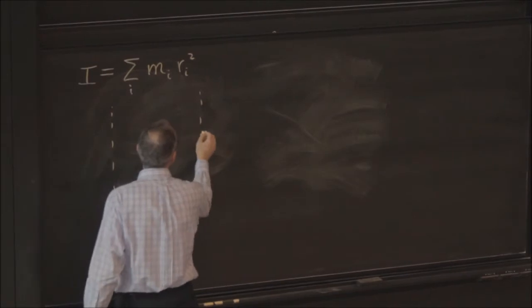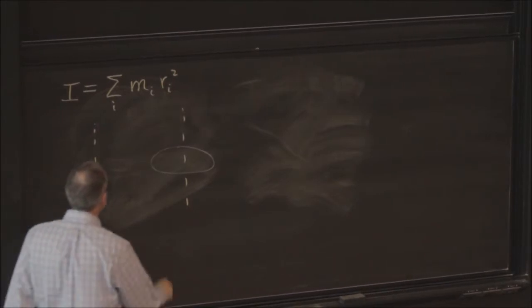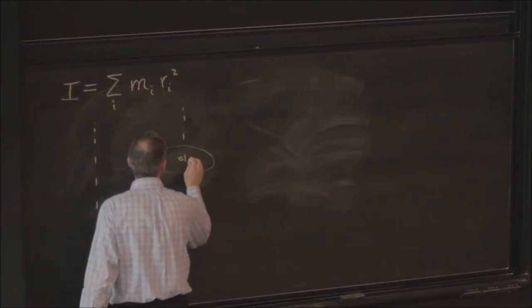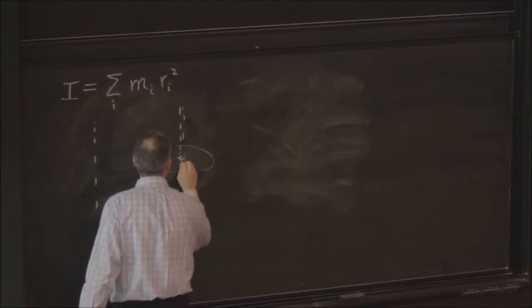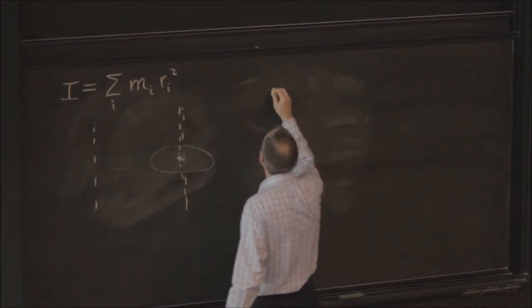So suppose that I knew the moment of inertia of something when it was rotating about an axis of symmetry or axis passing through the center of mass. And I now translate the axis to the side. So what would I get?